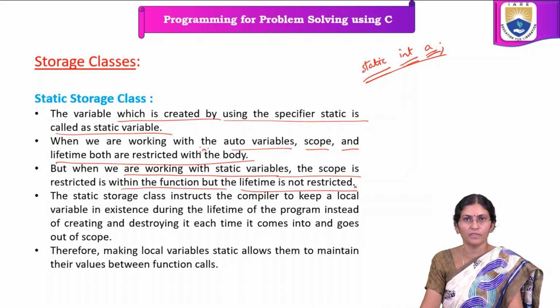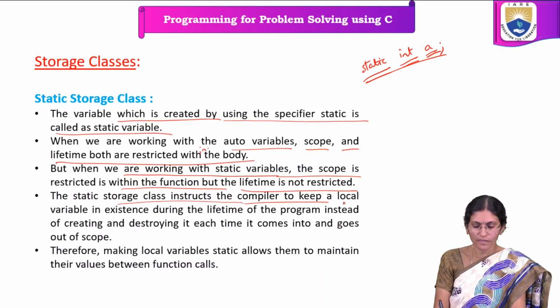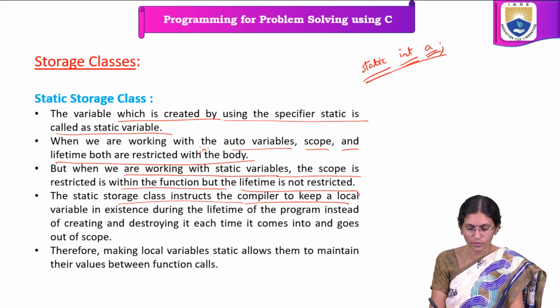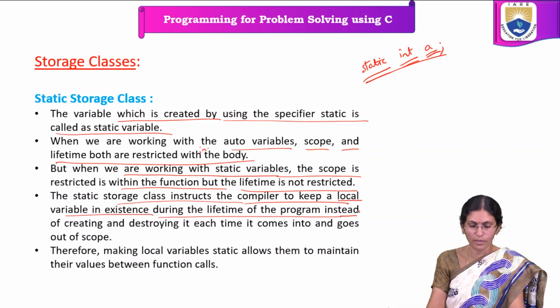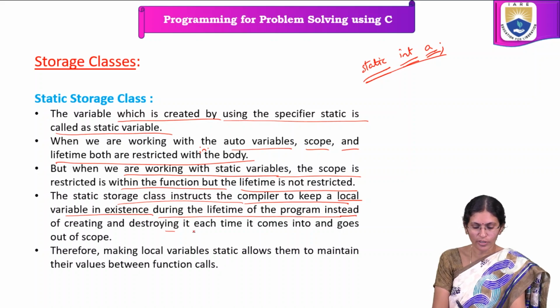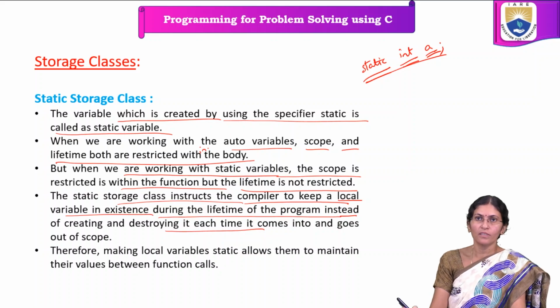Even if we come out of the function, the corresponding value of the static variable will stay alive. The static storage class instructs the compiler to keep a local variable in existence during the lifetime of the program instead of creating and destroying it each time it comes into and goes out of scope.